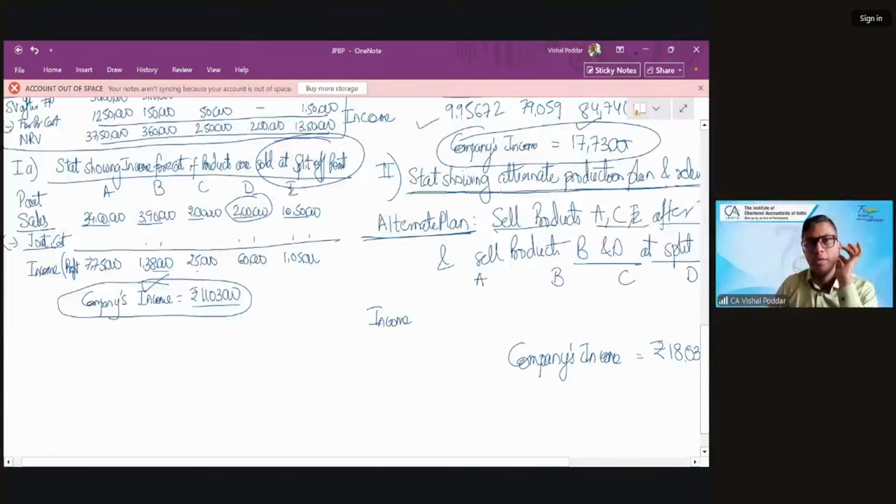These are profits at split off. Correct, students?